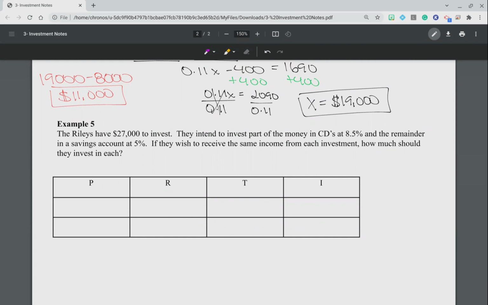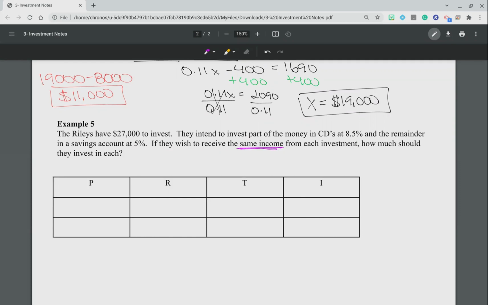If they wish to receive the same amount of income from each investment, how should they invest each? Okay, so notice this one's a little bit different. They don't tell me what my total interest is. They just say, hey, I want the two interests to be exactly the same. So that's going to change things a little bit.